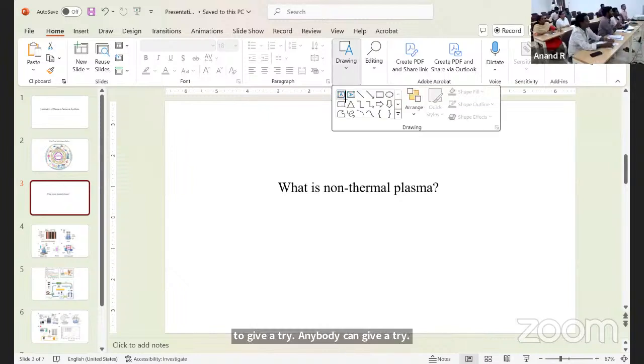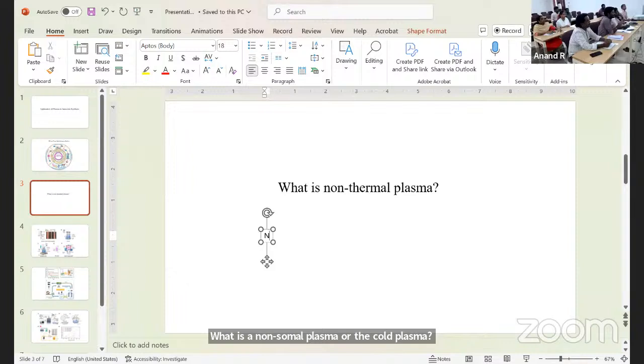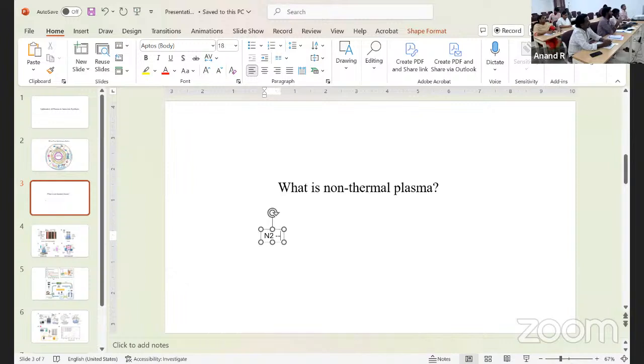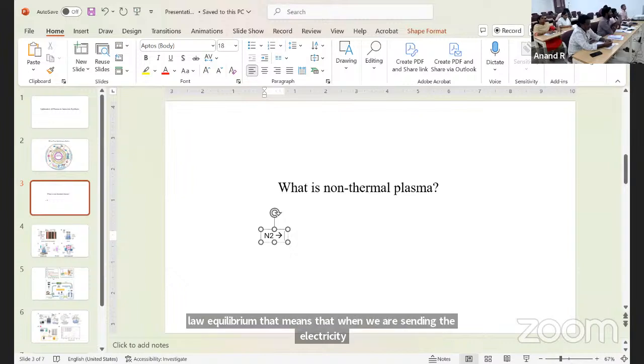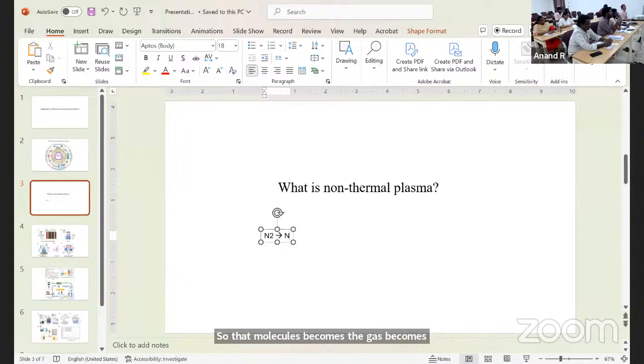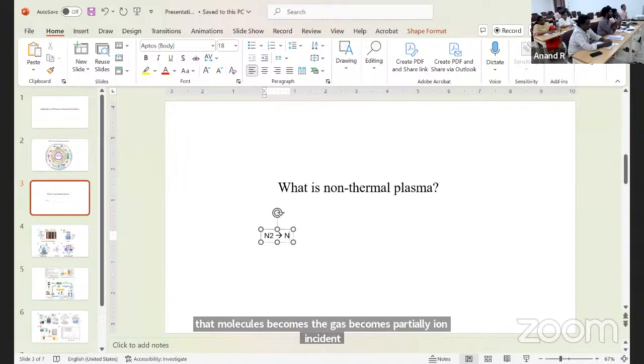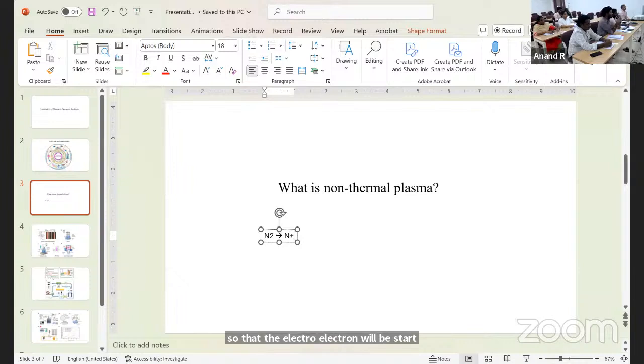Yes, sir. So non-thermal plasma means it's a cold plasma, a low temperature plasma, or a non-equilibrium plasma. That means when we are sending electricity through the gas, the gas becomes partially ionized, so the electrons take up the energy of the electricity that we are giving, so that ions, gases, and other radicals will have lesser energy than the electrons.